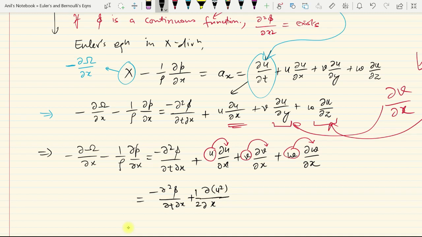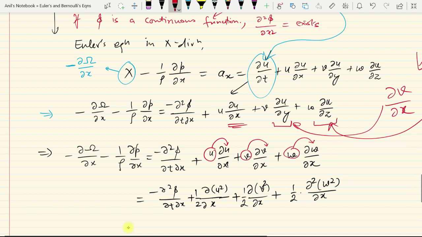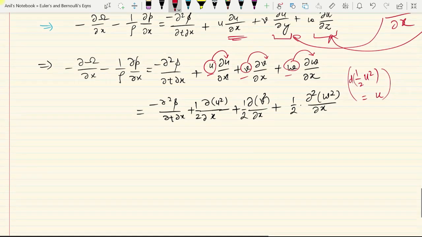Similarly, this can be written as del by del x of v square by 2 plus half into del by del x of w square. So this simply has come from here. If we have half u square and differentiate it, we should get u. So we have just brought u, v and w within the purview of differentiation.